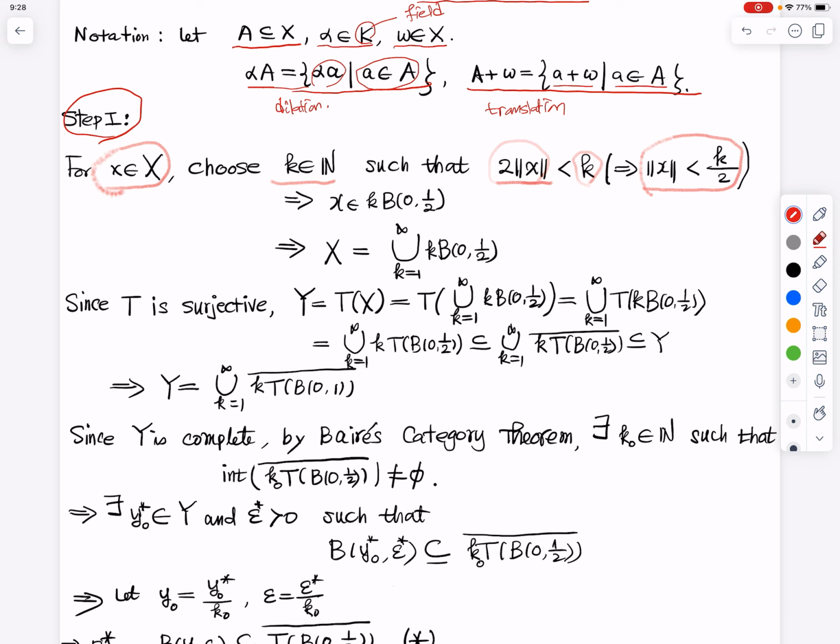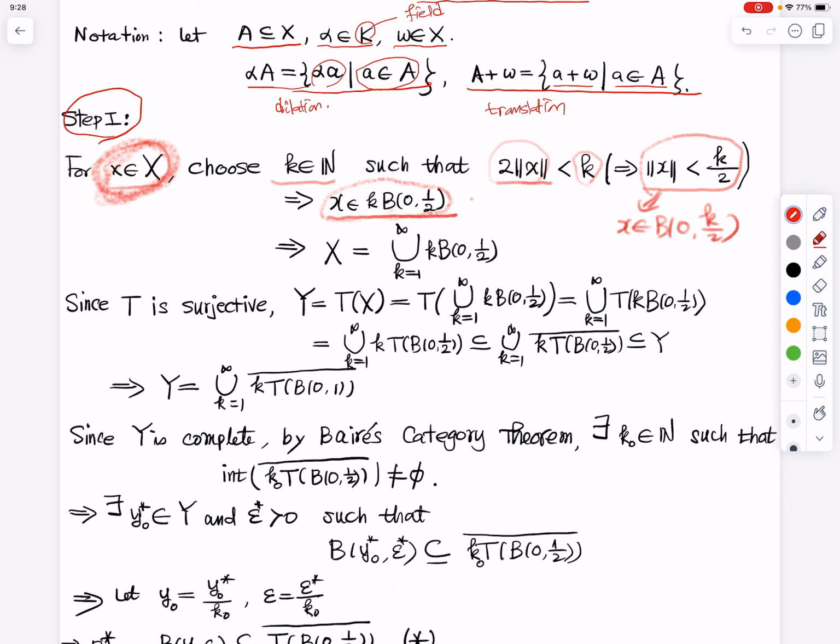This implies x belongs to B(0, k/2), and then you can take k outside, so x belongs to k times B(0, 1/2). So for any element in X, there exists k such that x belongs to this.